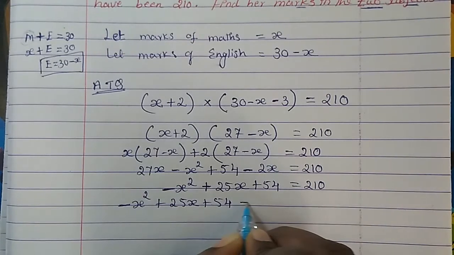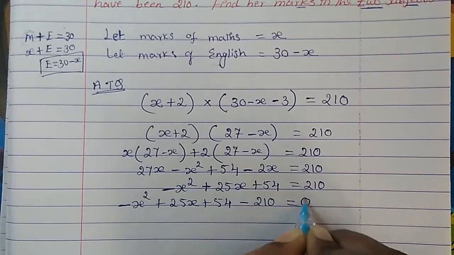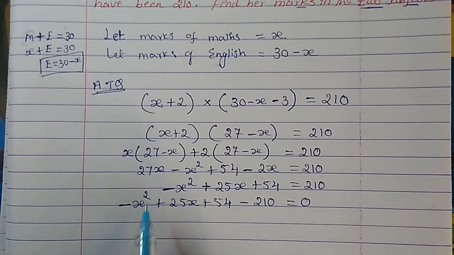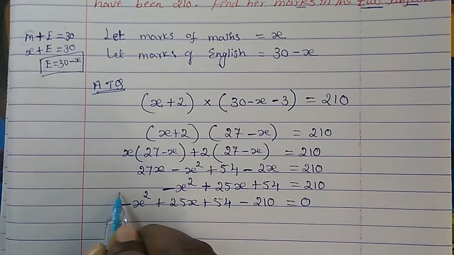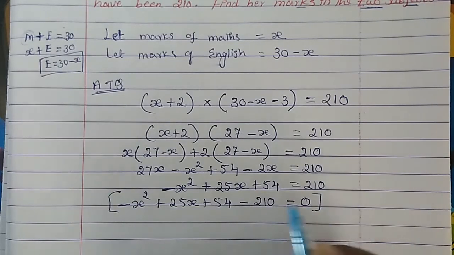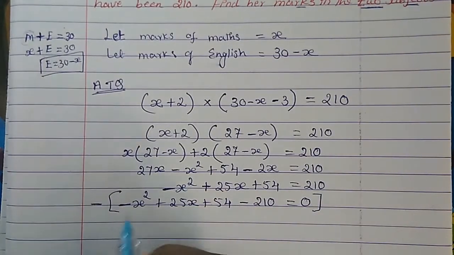This coming inside becomes minus. This is a proper equation. One thing you have to remember: whenever you have x squared in minus, we have to change that into plus. So the whole thing we will multiply with minus. Then this becomes plus. Minus into minus will become plus x squared.